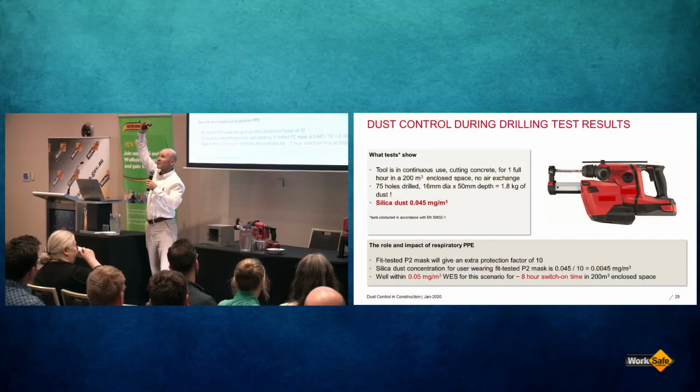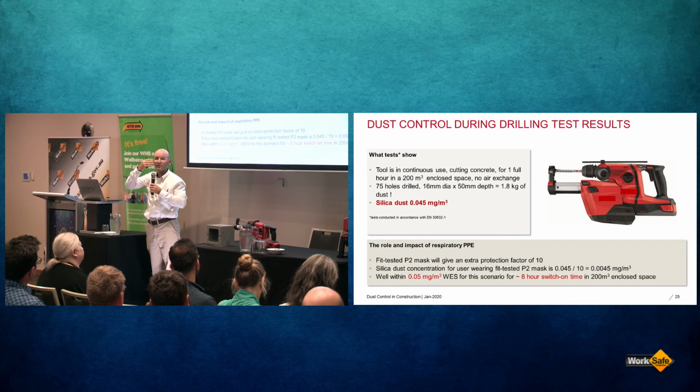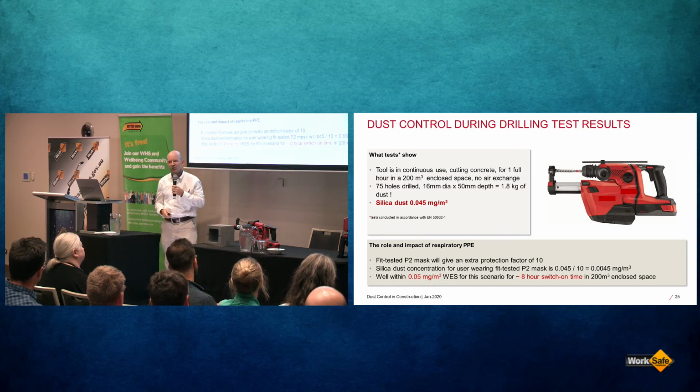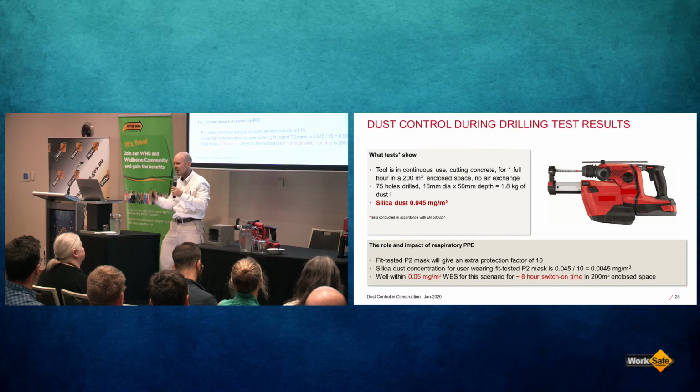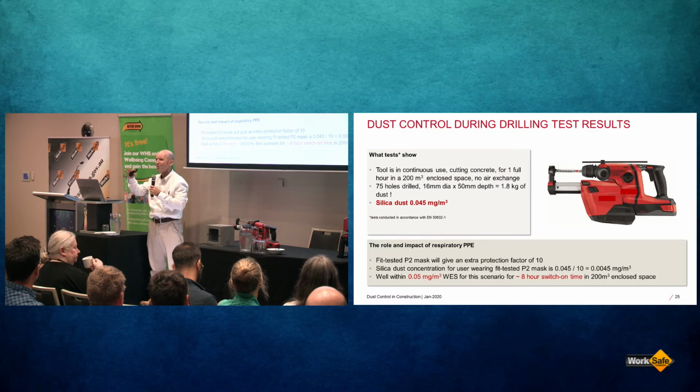So if any dust is escaping from that ceiling environment, it's just going straight into the nose or straight into their mouths. So by using on-tool dust extraction, you're able to get underneath the working exposure standard, and then combine that with the necessary PPE, you're an order of magnitude lower again, which protects the user.